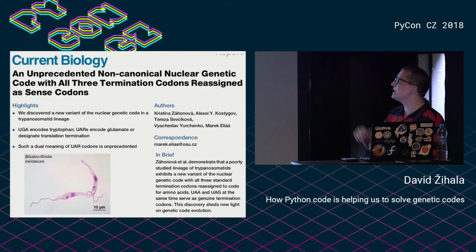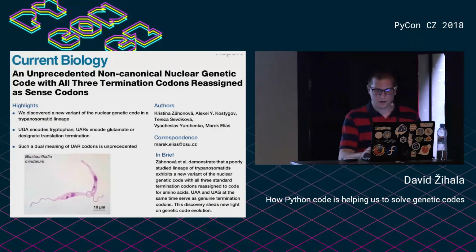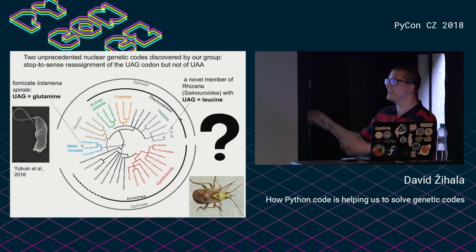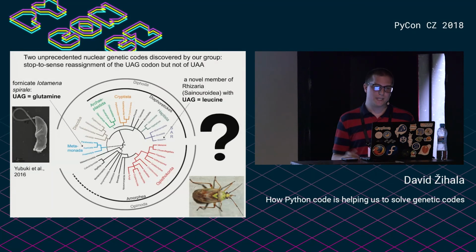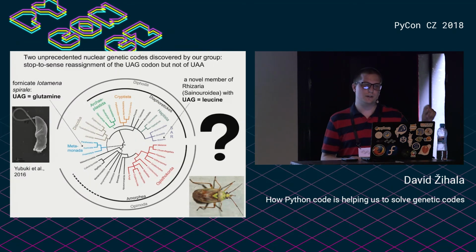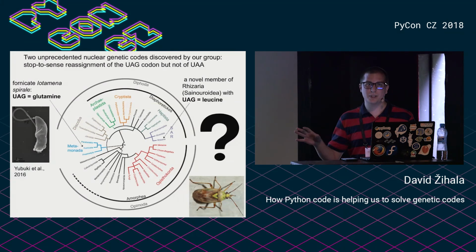And it's very amazing job, but it's not that amazing because I was not included in the authors. And, but the second project, this is just amazing because you can guess I was included in this one. So we discovered also 2 unprecedented nuclear genetic codes with UAG reassigned to encode amino acid, but UAA kept as a stop codon.